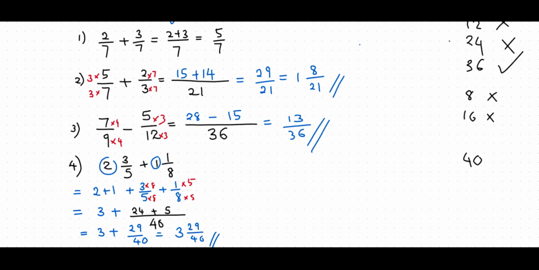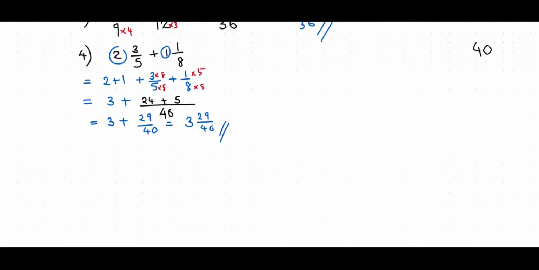Then we'll subtract two mixed numbers: 4 and 2 over 9 minus 3 and 5 over 6. This also we can do with whole numbers separately and fractions separately. But in subtraction, we can't use that method all the time.